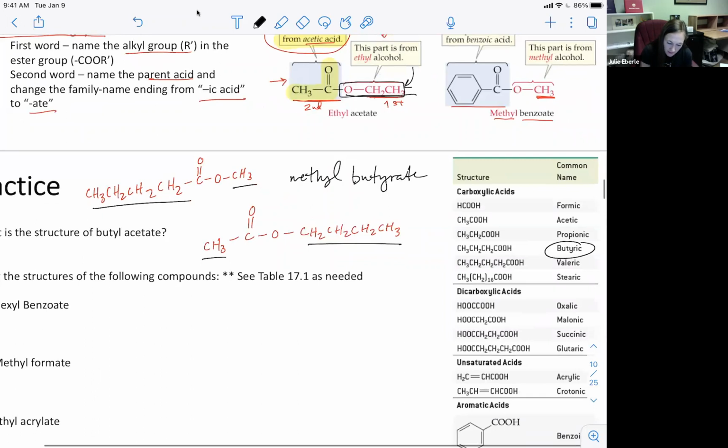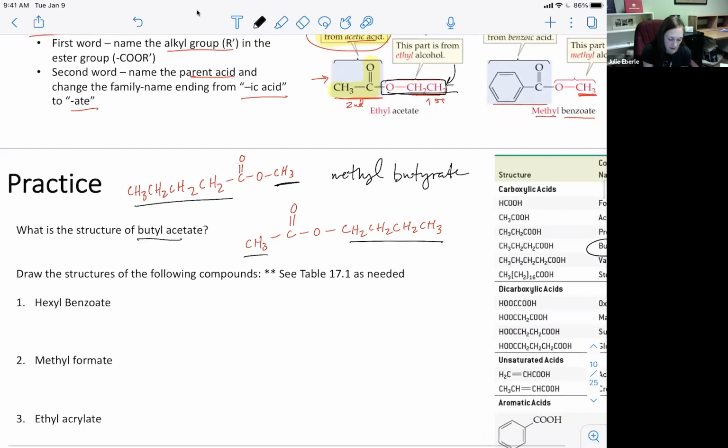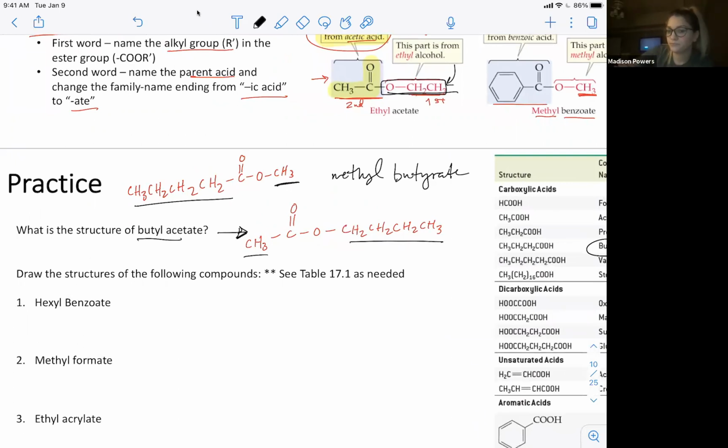Because you have butyric acid, you change the name ending to -ate because it's an ester, and that's the methyl group on the ester side. So butyl acetate is this one right here.